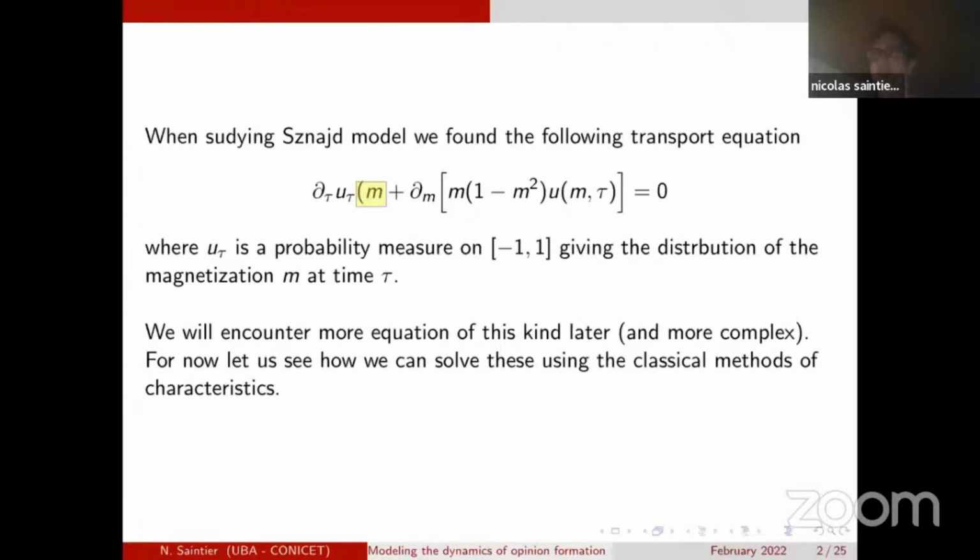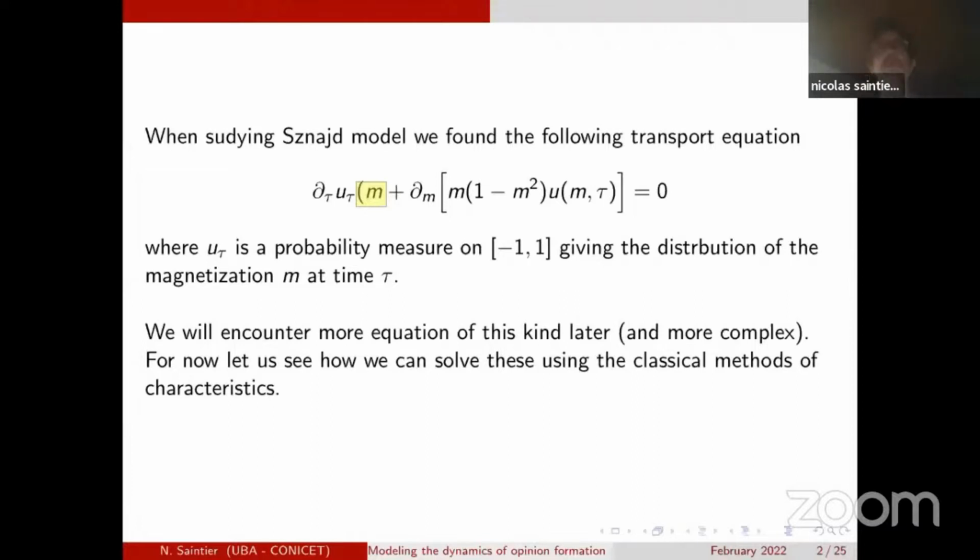A probability distribution is just an arbitrary non-negative measure with total mass equal to 1, but it could be highly singular, right? And the transport equation has no regularizing effect like a diffusive equation. So if initially my U is singular, it remains singular in time. So it's not that obvious how to solve this kind of equation, right?